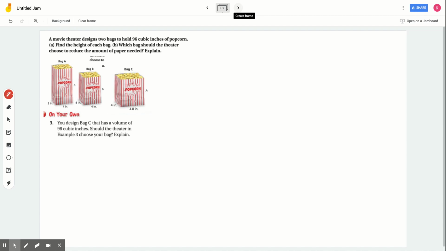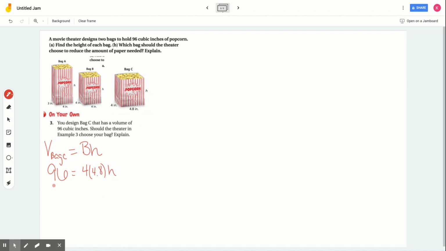So if we know that the volume is 96 cubic inches, we need to find the height. So I'm going to write the volume of bag C would be equal to the area of the base times the height. Now we know the volume is 96. We can find the area of the base by multiplying 4 times 4.8 times the height.